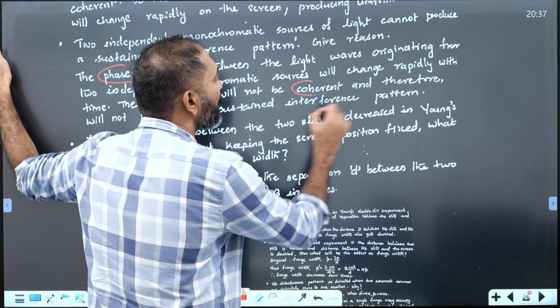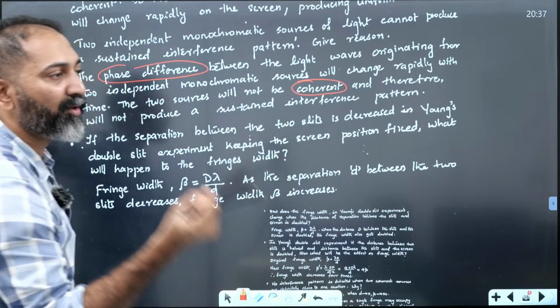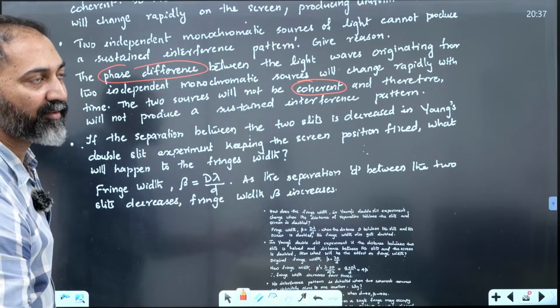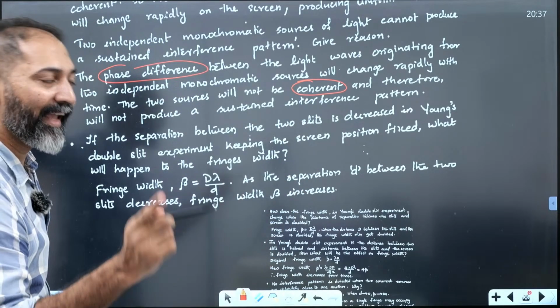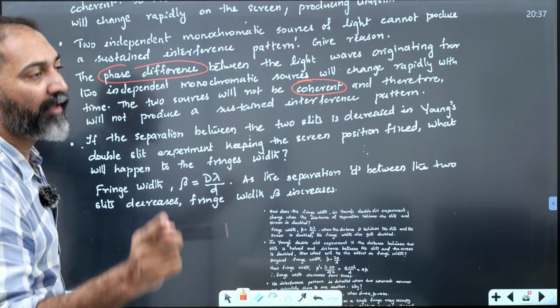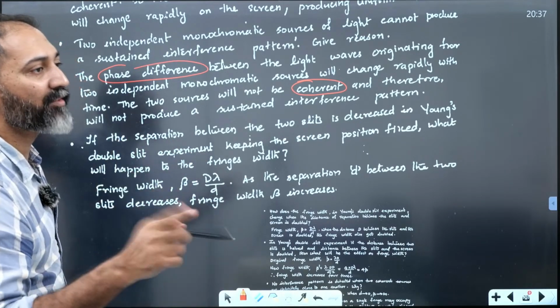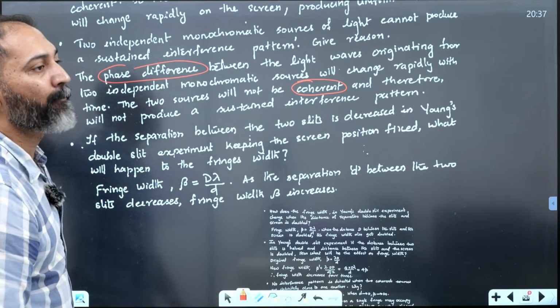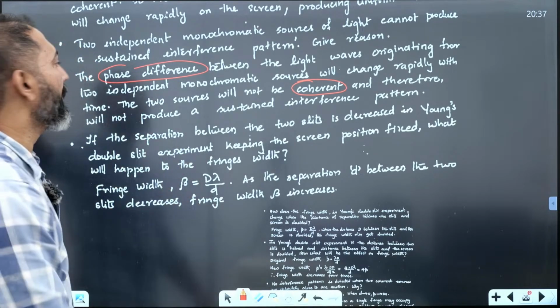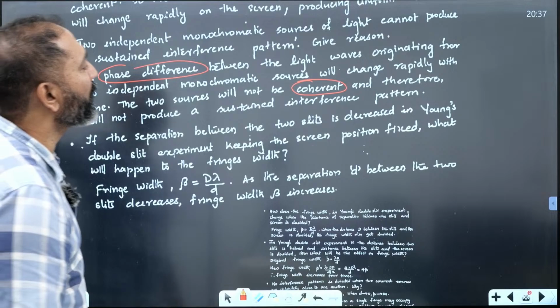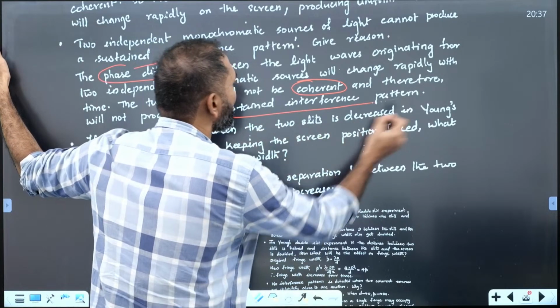What is the condition for coherent sources? Same amplitude, same wavelength, same frequency, phase difference either 0 or constant. If you use two separate sources, phase difference will not be constant. It varies with time and therefore will not produce a sustained interference pattern.